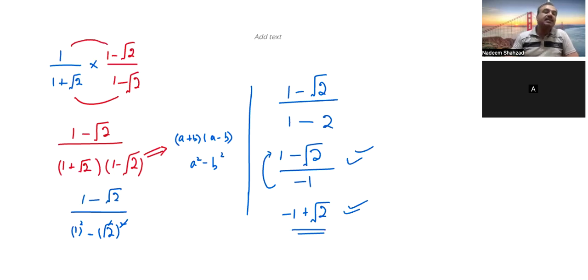But the main thing is that in every question of rationalization of this type, we will use the formula of a square minus b square. If we have a plus b and a minus b, we can convert it into a square minus b square, and we get this simplified form, right? So that's all for today. These are all the aspects of Surds. But we will do more practice in Surds.